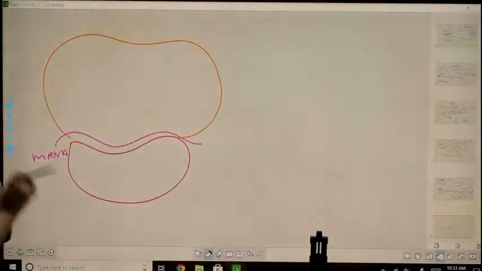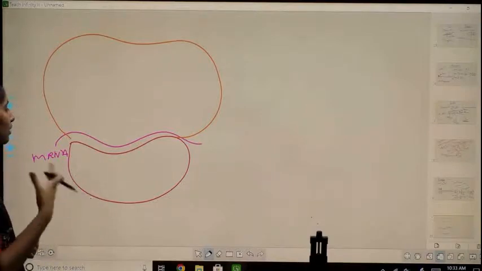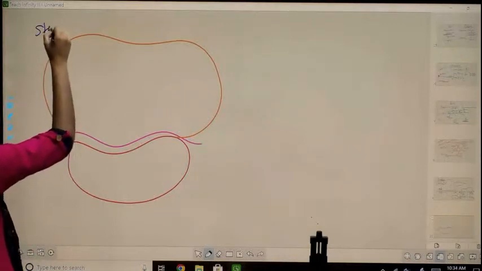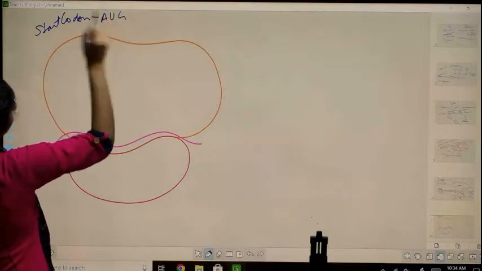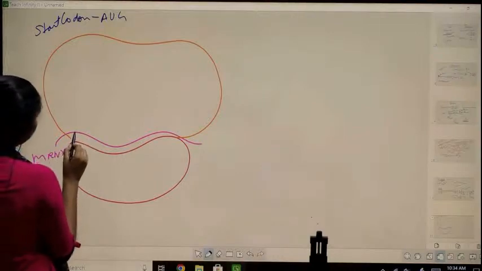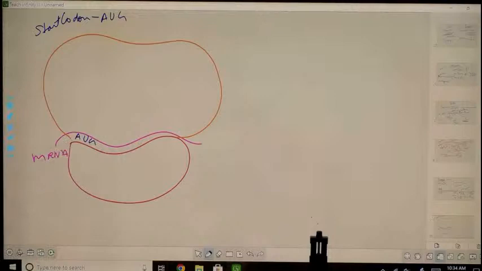In mRNA, the codon that is going to start the process of translation, the start codon, is always AUG. So the first codon that is going to start the formation of protein will always be AUG, and this AUG sequence is going to be present in the mRNA, right?